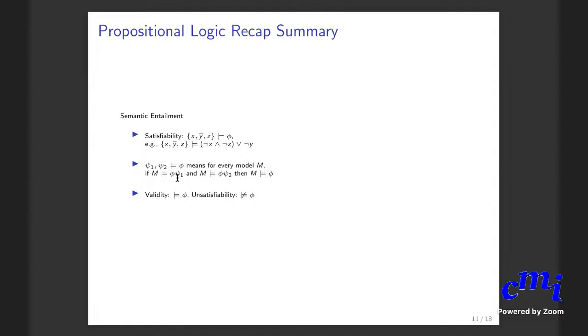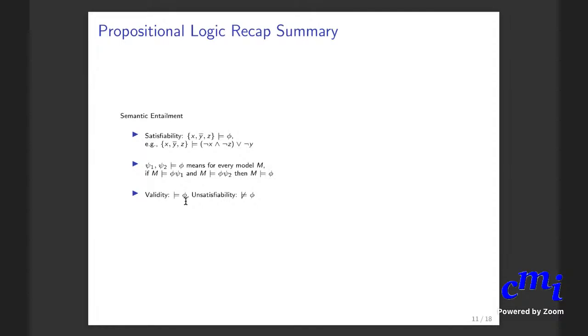So if psi1 is true in that model and psi2 is true in that model, then so is phi. Please ignore the phi's here. So this is the semantic entailment, assuming certain formulas hold.